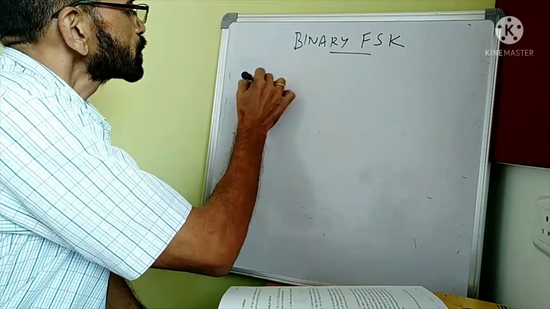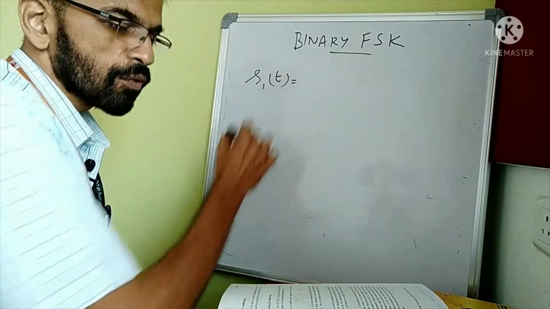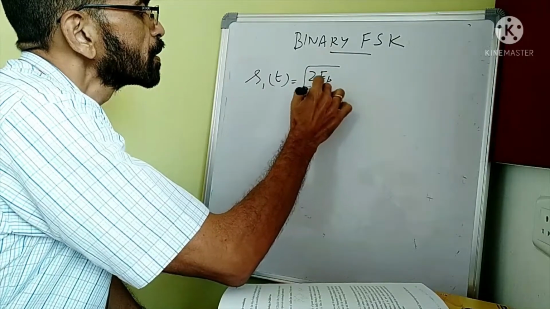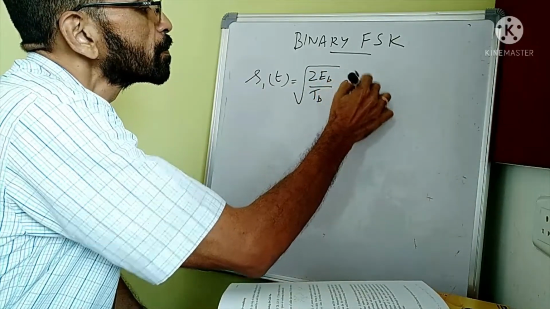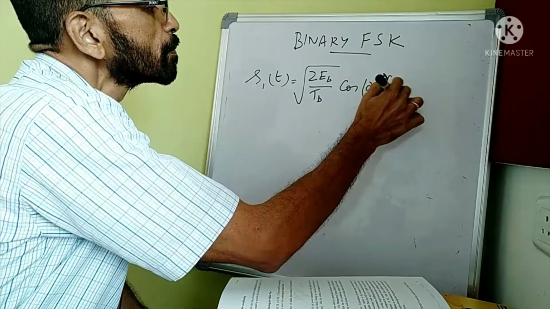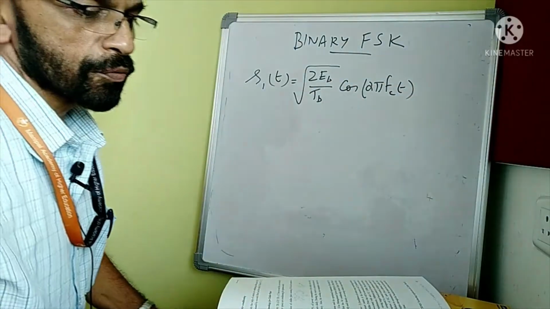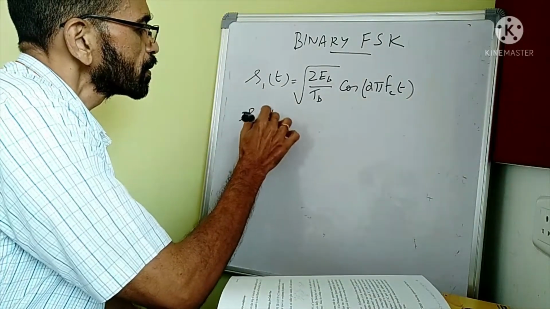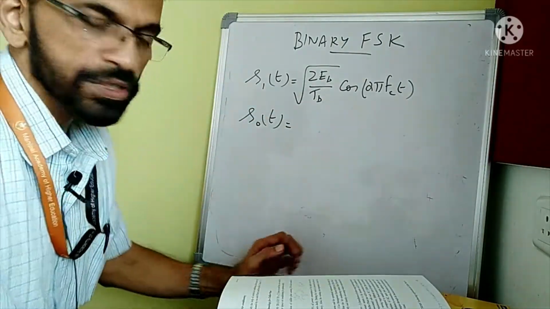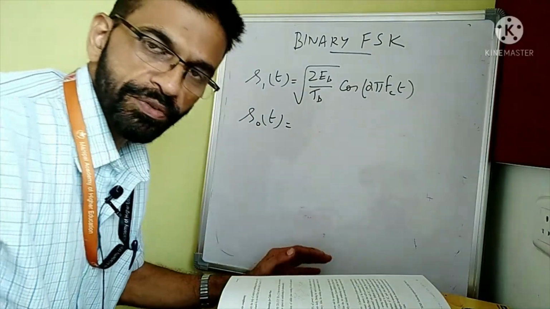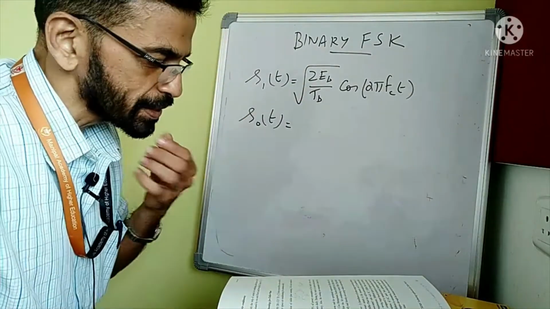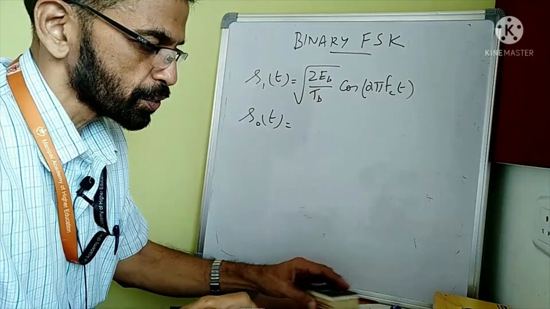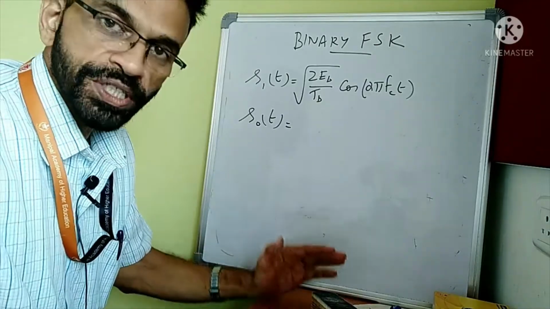So the two signals involved here are root of 2 EB by TB cos 2 pi FCT, and, as you know well, in frequency shift keying, which is basically a frequency modulation scheme, the two signals are differentiated through their frequency. So there will be a frequency difference between the two signals, and that's what differentiates them.